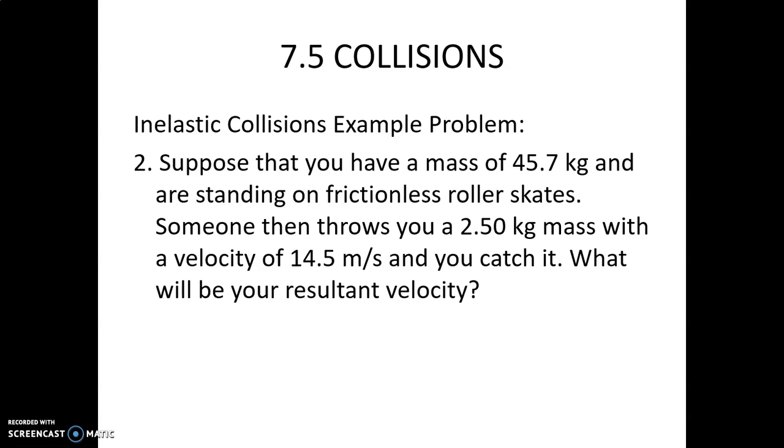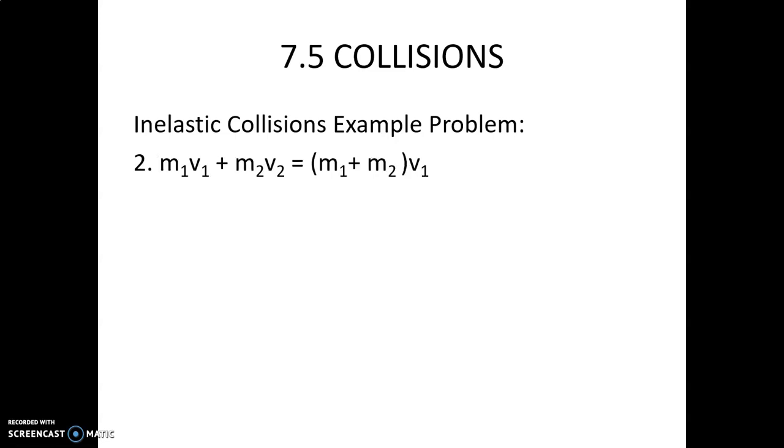So before the collision, you and the object are separate. And then after the collision, you catch it, and so you and the object become one, and you're treated as one object. So this equation for inelastic collision starts off like the previous equation, m1v1 plus m2v2 equals.